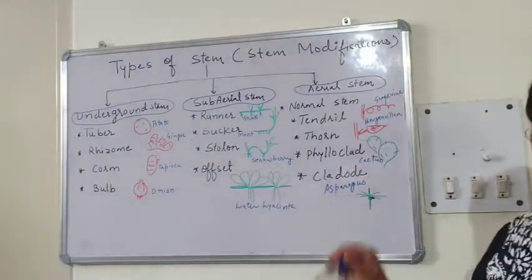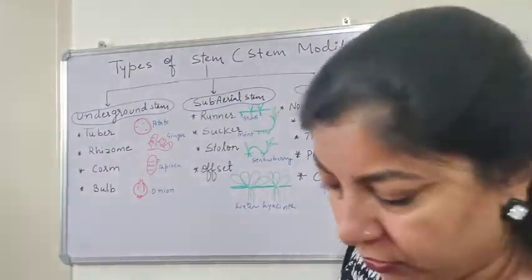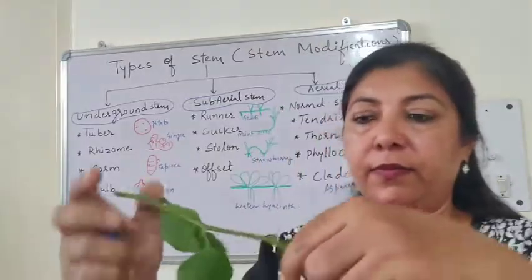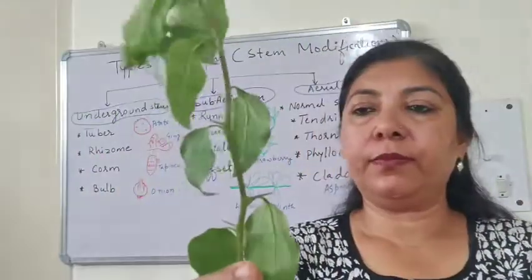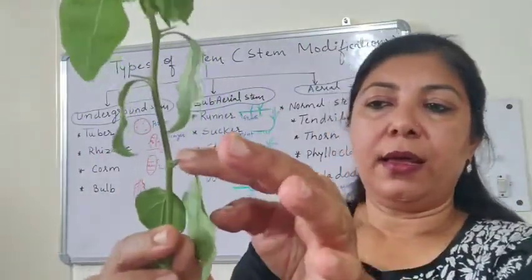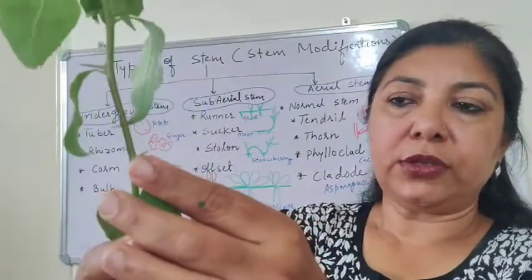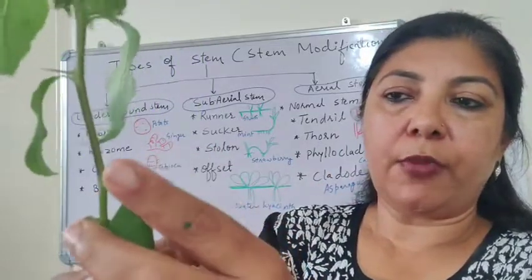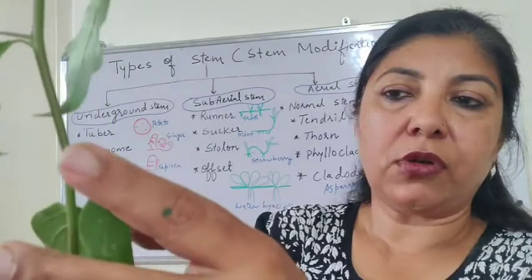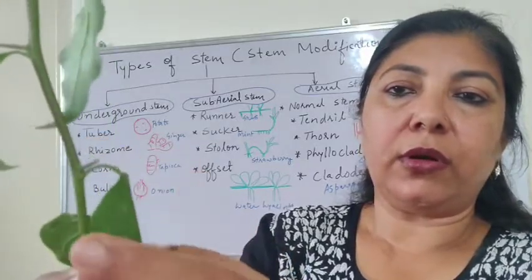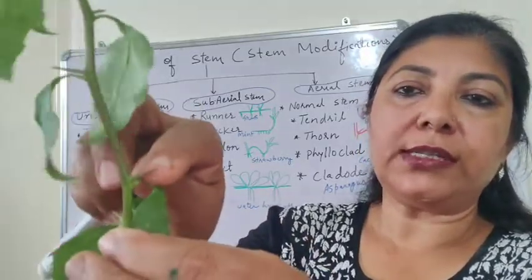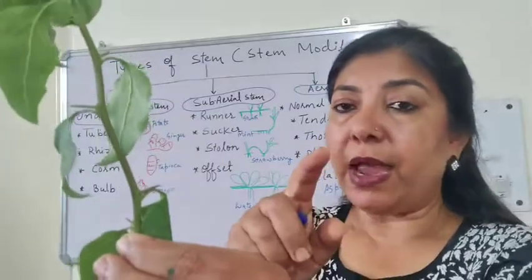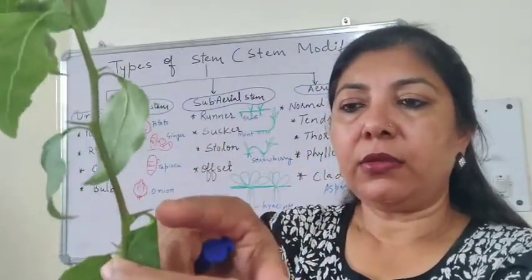Then next is thorn. Thorn also I've got. This is bougainvillea plant. Instead of a branch, there grows a very pointed structure which is called a thorn. So thorn is also a stem modification, whereas spine is a leaf modification.